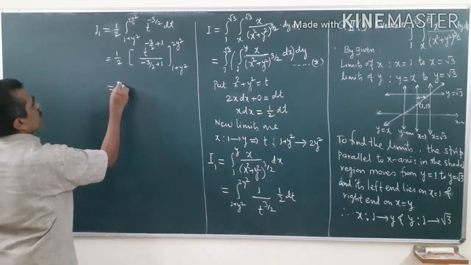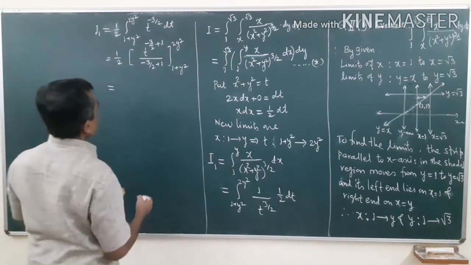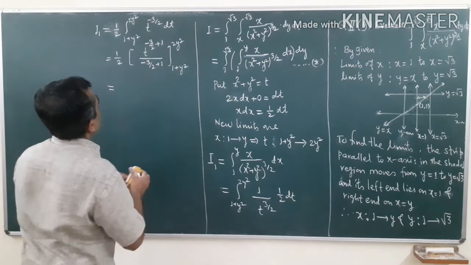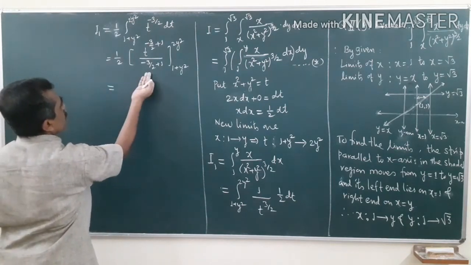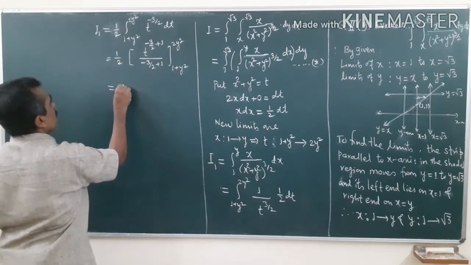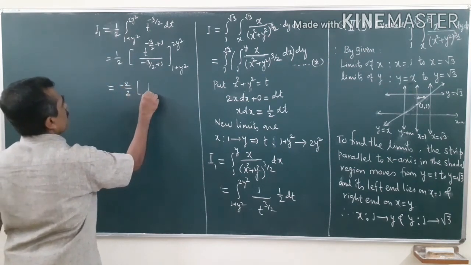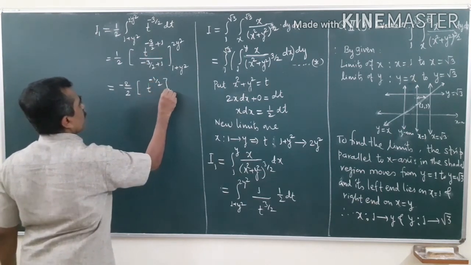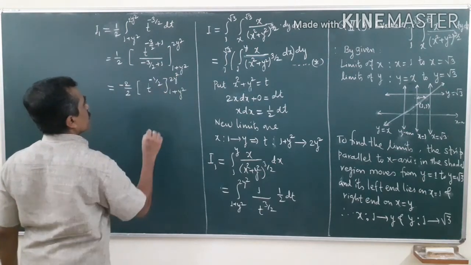So minus 3 by 2 plus 1 will be minus half, and this half and this minus half, so that will go to minus 2 upon 2, t raised to minus half, with limits 1 plus y square to 2y square.